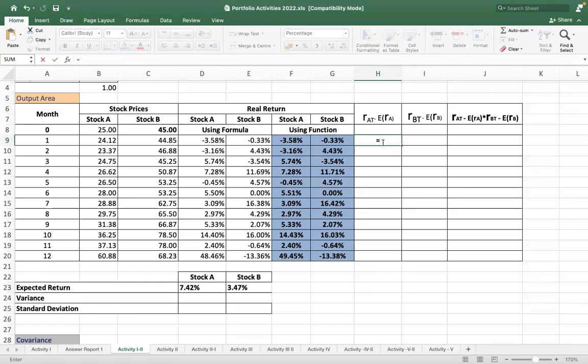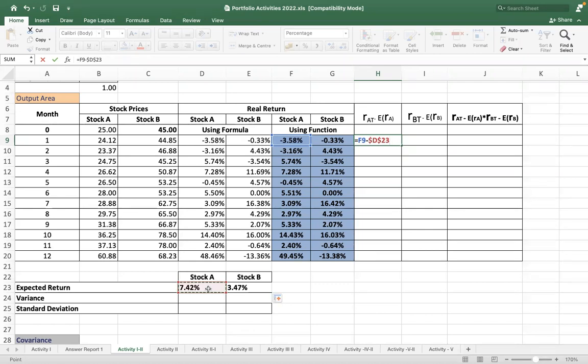This is how we can apply it: return of stock A at time T. We use this stock return minus the expected return of stock A. The expected return of stock A should be fixed, so we use F4.